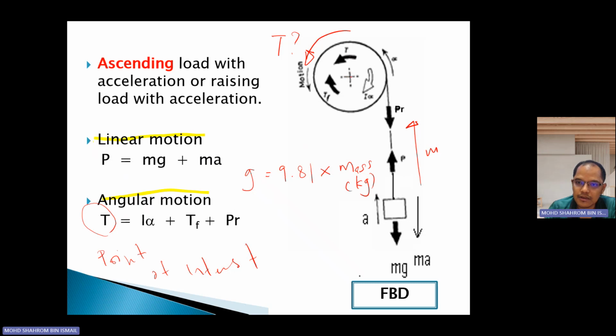Let's say this is alpha. Is the angle of the rotation motion of the flywheel. This one is a flywheel.